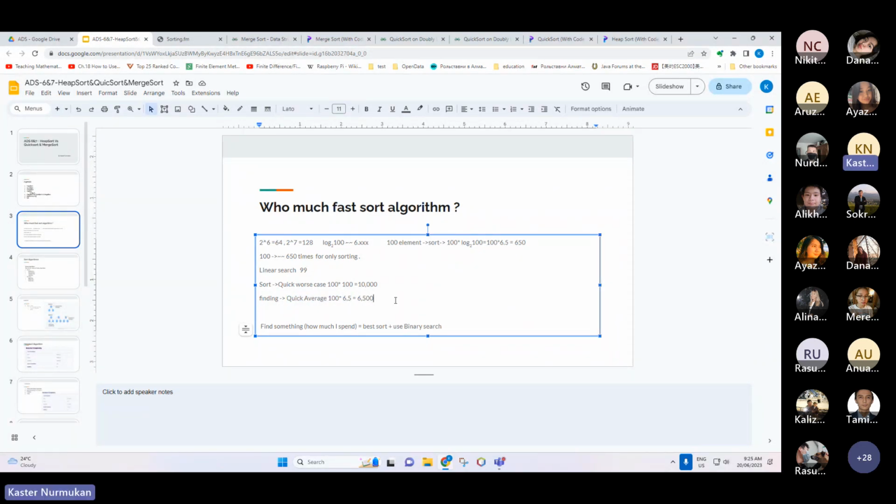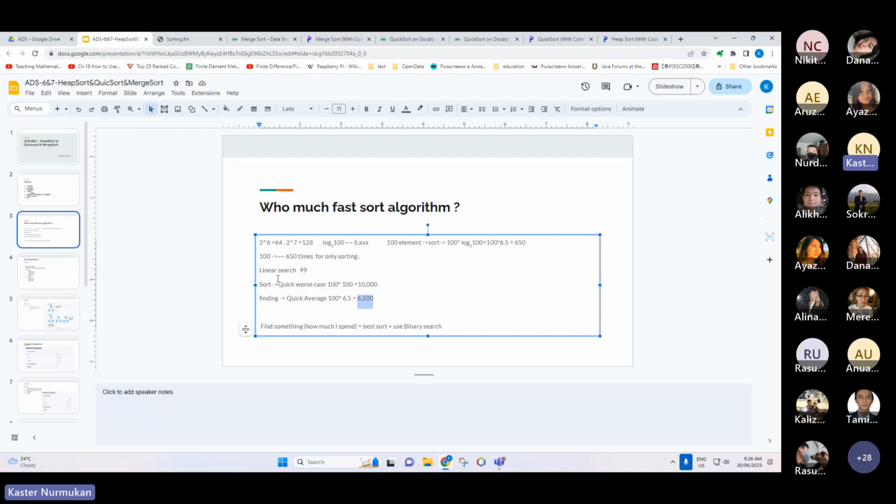So as you can see, if I have 100 elements, to find any element I need 99 times. But if I'm using any Quicksort algorithm, and log time is already 6,050, 100 times.